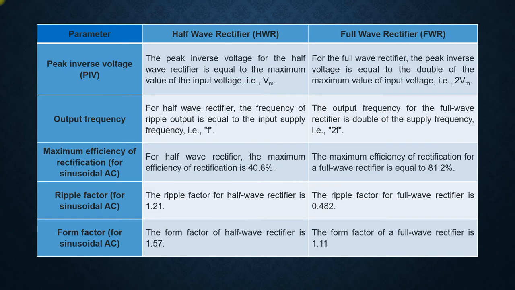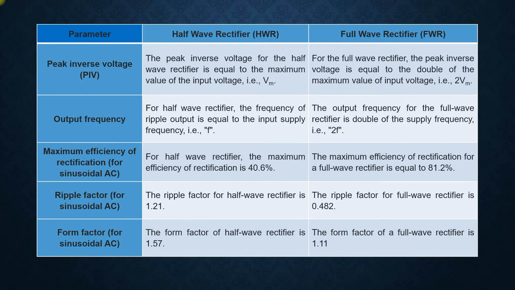This is a very important point to be noted: peak inverse voltage. The peak inverse voltage for the half wave rectifier is equal to the maximum value of the input voltage, Vm. First of all, we should know what is meant by peak inverse voltage. Whenever you give supply and the diode is on, there is no problem, the operation will continue.